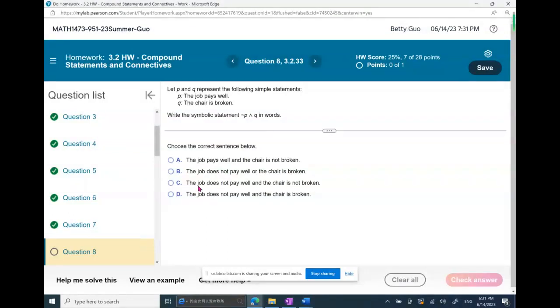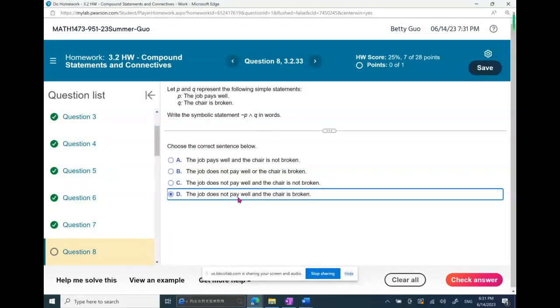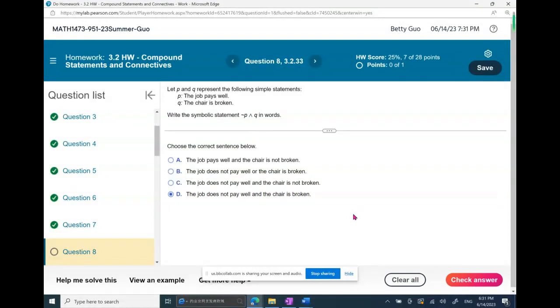Or doesn't work; it has to be and. Correct? Any questions? 1, 2, 3. Okay, next.